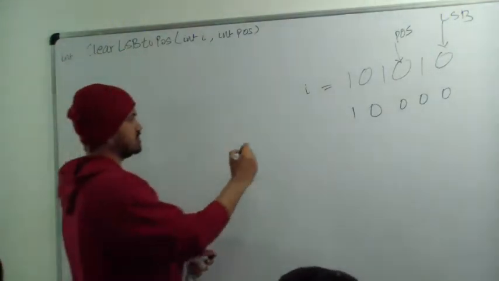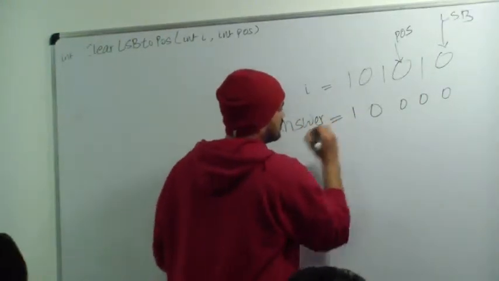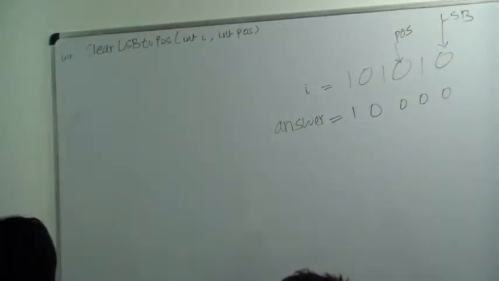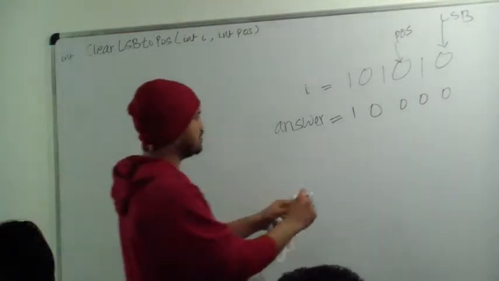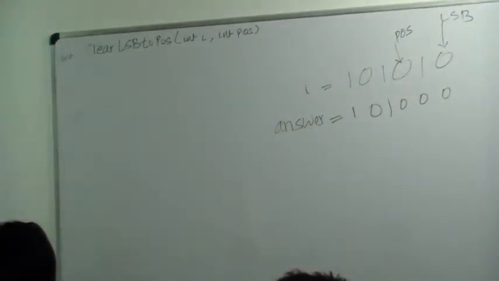This should be the answer. Okay, 1 0 1, right? 1 0 1 0 0. Sorry, you're right. 1 0 1, 101 and then 000. The third position onwards.